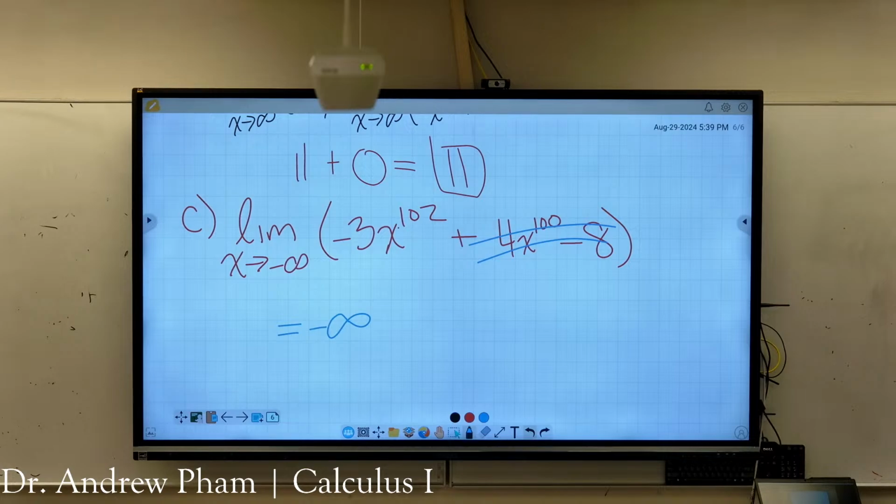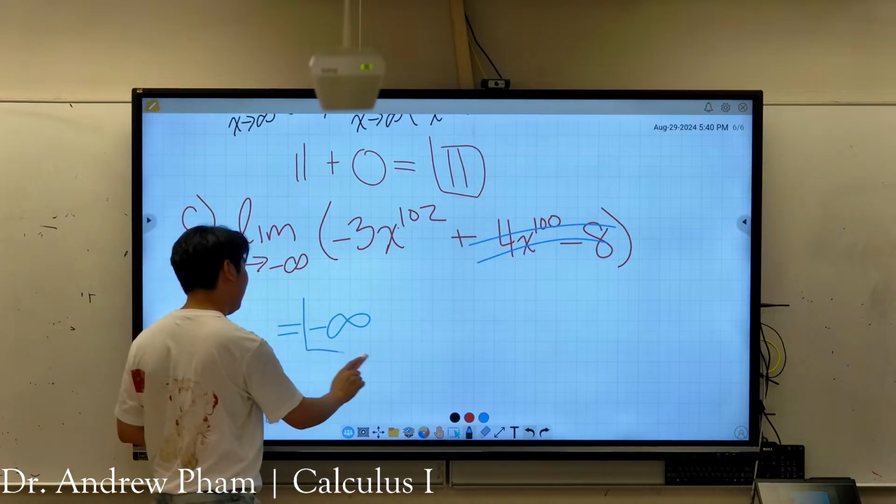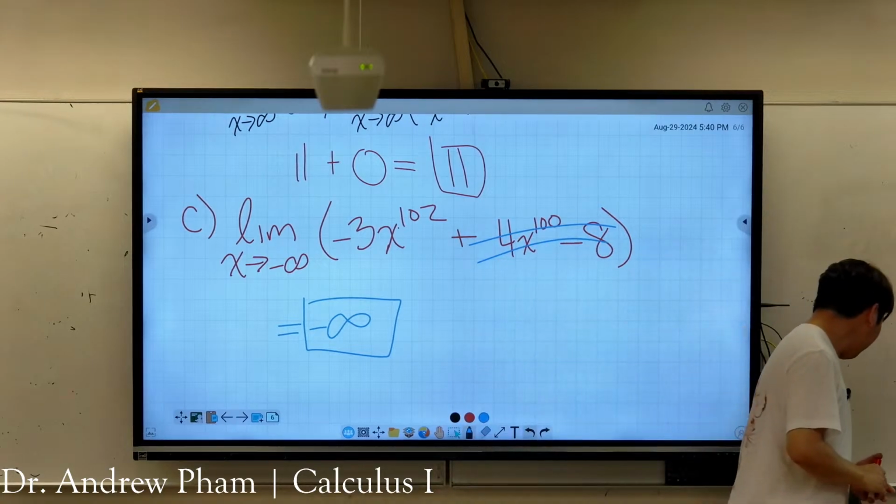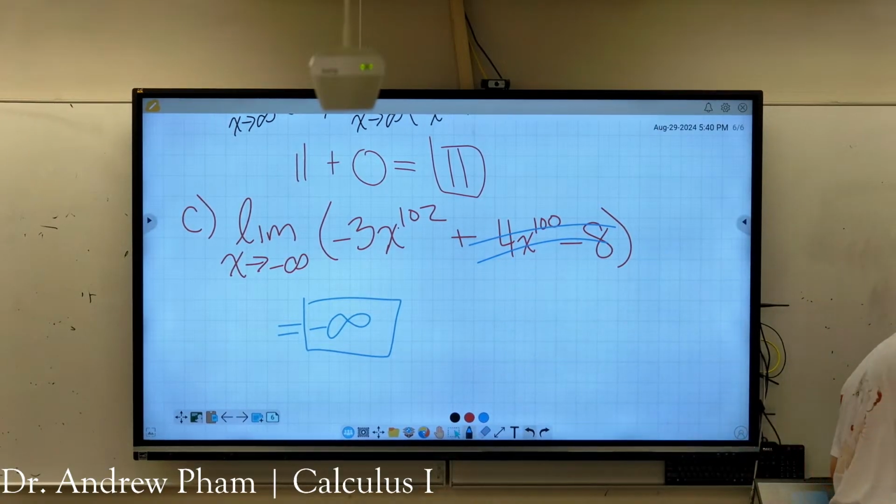What happens whenever I take a negative number to an even power? Yeah, it becomes positive. What's a positive infinity times negative 3? Negative infinity. This is how we're getting negative infinity. So for right now, we're pretty much only talking about two cases where I get 0, maybe plus or minus something, or I get plus or minus infinity.